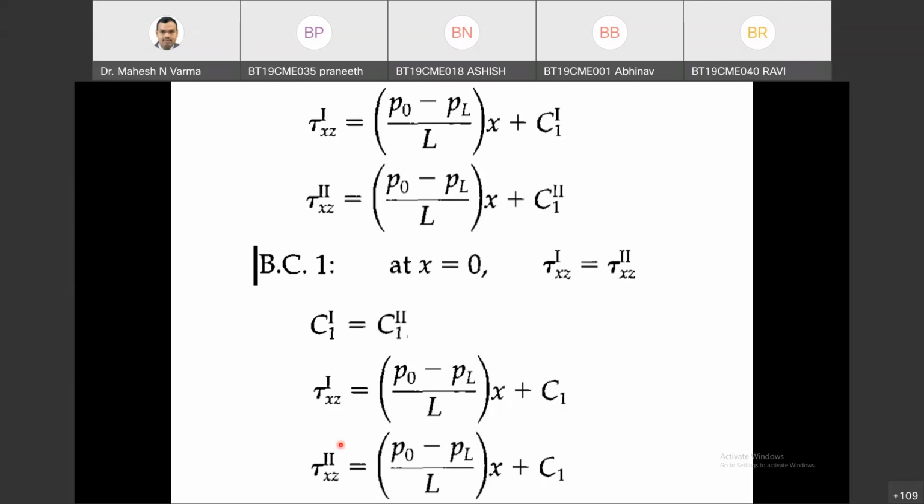First, we have to find these constants. No. What is the velocity profile with constants? After substituting Newton's law of viscosity, what do we need to do? We have to integrate, sir. Very good. We need to integrate, and we will have one more constant, C2: C2 for phase 1 and C2 for phase 2. So with C1 and C2, what will be the velocity profile?